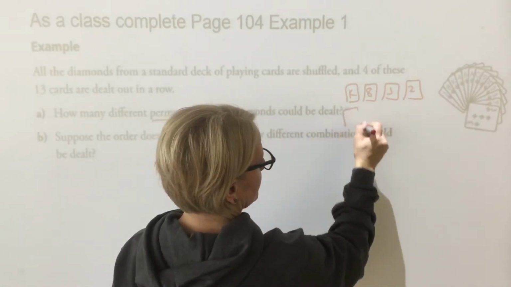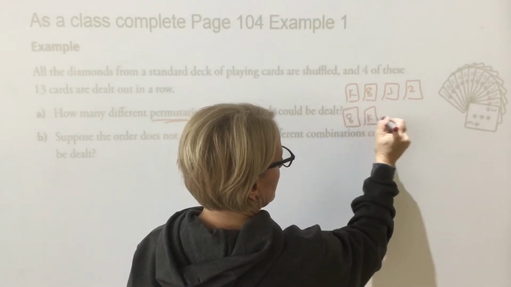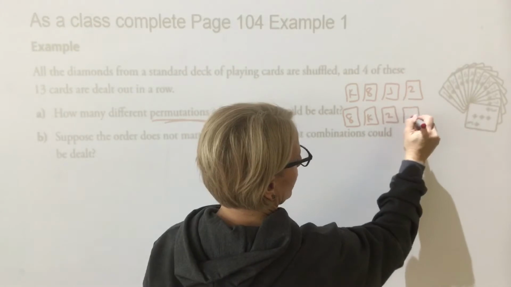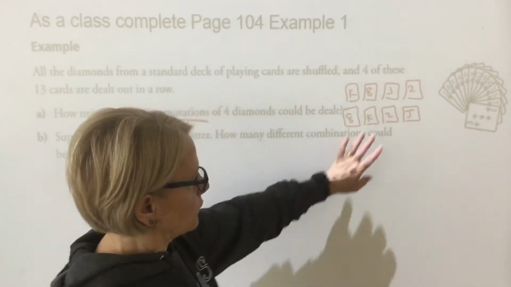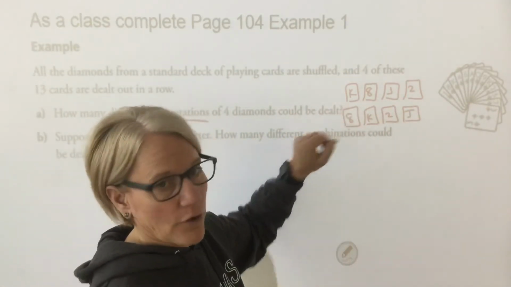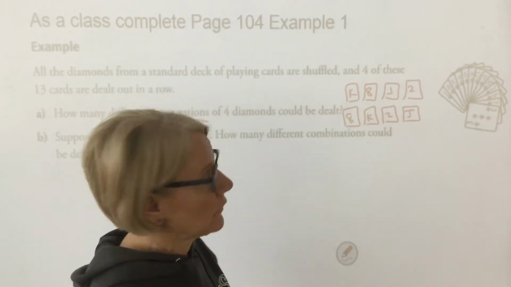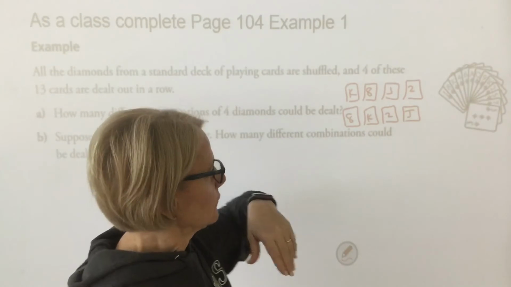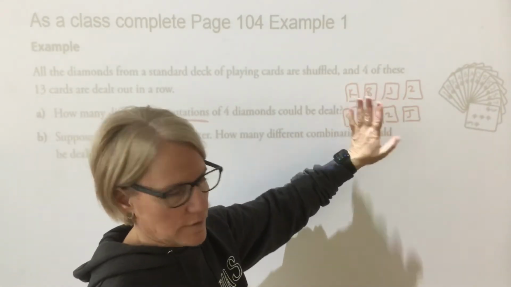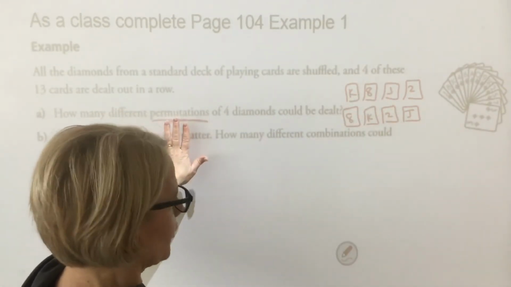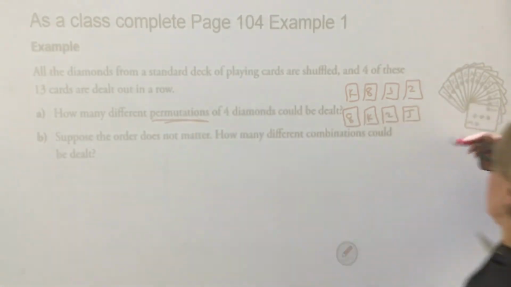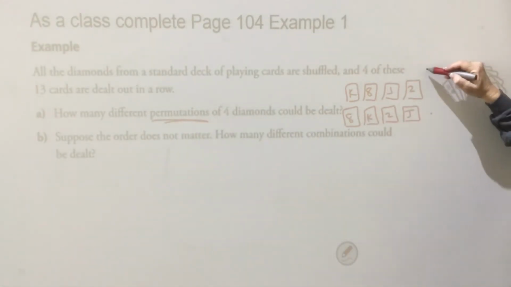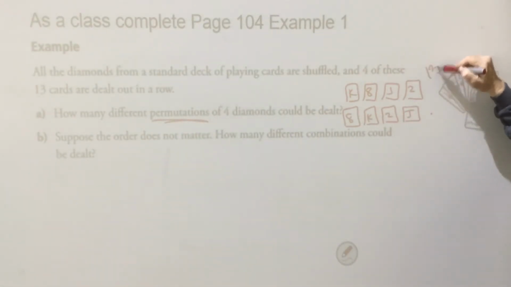Well, what I'm saying by saying it's a permutation is that if I take those same 4 cards and I switch them up, I have to count those as 2 different arrangements. Okay, that's a permutation. Normally in cards, we don't do that. Normally in cards, we would think of this as the same hand. But if they want a permutation, they're trying to get you to see the difference, then this would be 13 P4.